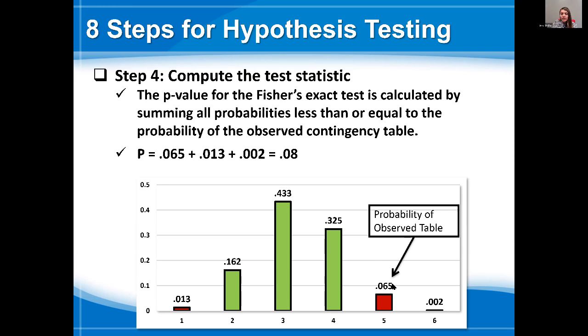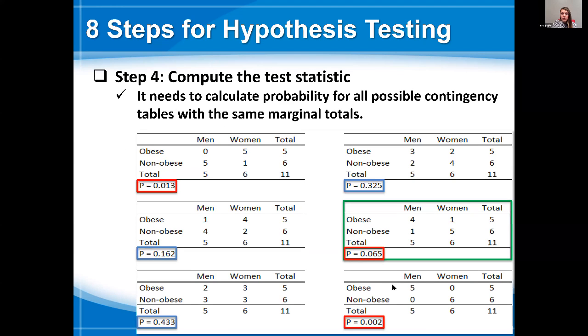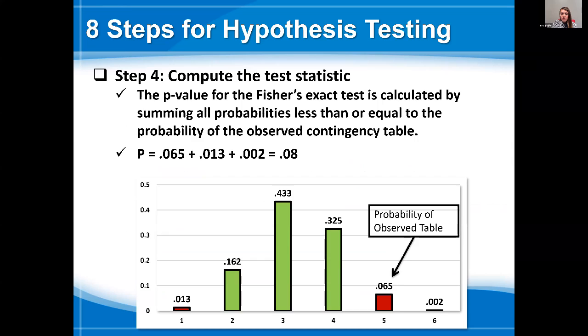So in our case here, we got 0.065, 0.013, and 0.002.